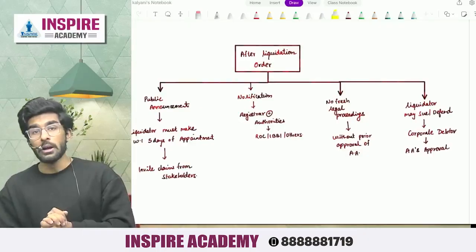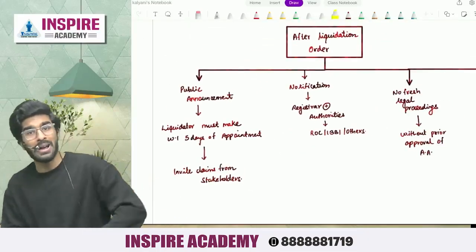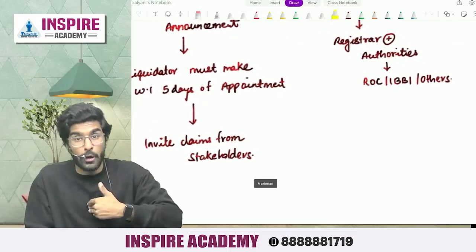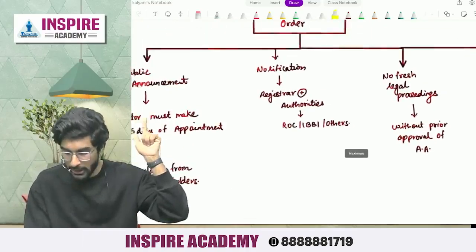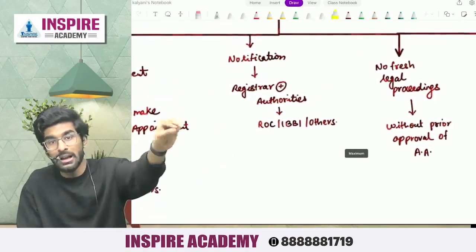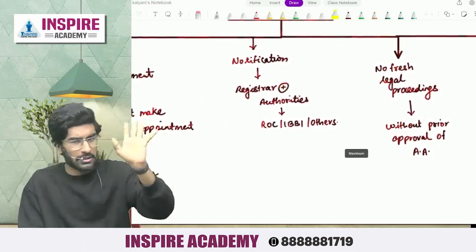Okay. Now next. Now what after liquidation order? Immediately public announcement must be made by the liquidator within 5 days of appointment. For what purpose? To invite claims from the stakeholders. Number two is you have to notify the registrar and all the regulatory entities, ROC, IBBI and others. Okay.